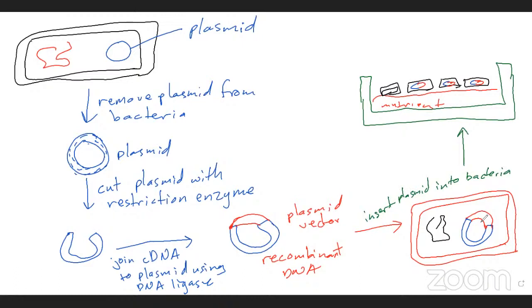We take it out and put it in a vector, put the vector into the host, and that will now give the host the ability to do whatever it needs to. So like the tomato to survive the cold, they took a gene from the fish and put it in the tomato. So genes are a code that gives you the ability to do certain things. So by putting in the insulin gene, it gives it the ability to make insulin, right?